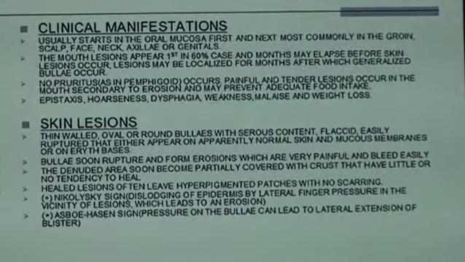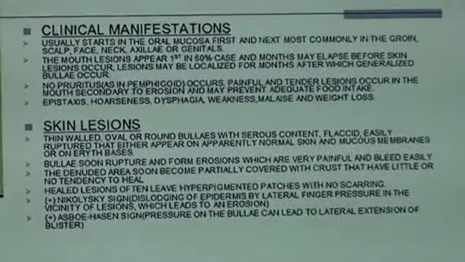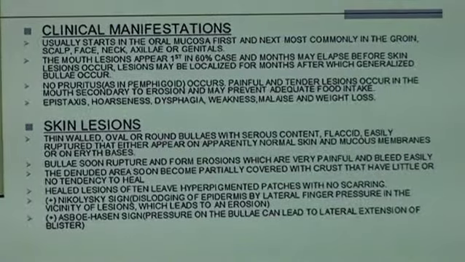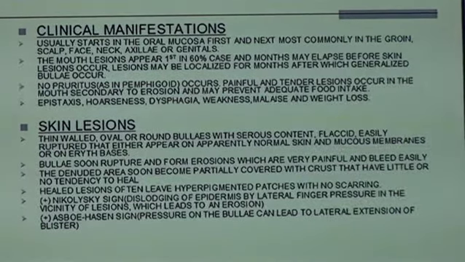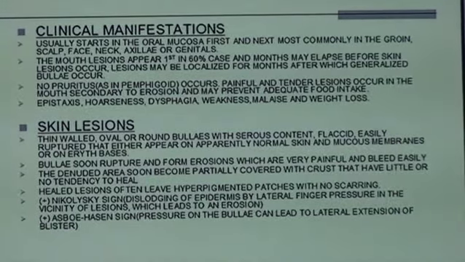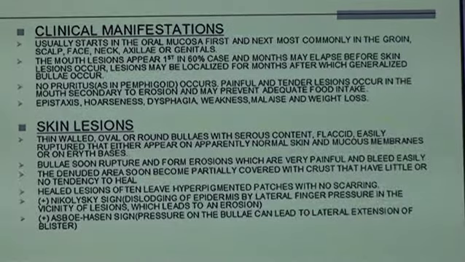Once the bullae rupture and form erosions, they are very painful and bleed easily. They soon become partially covered with crust that has little or no tendency to heal. Positive for Nikolsky sign is the sign I just spoke about: with little pressure, the bullae are going to form erosions.